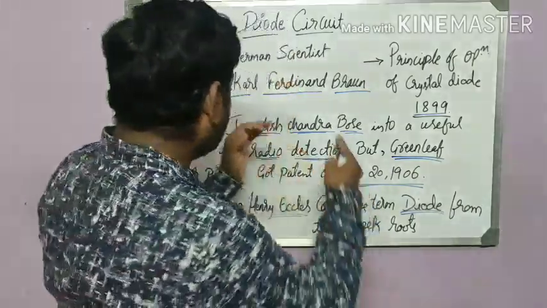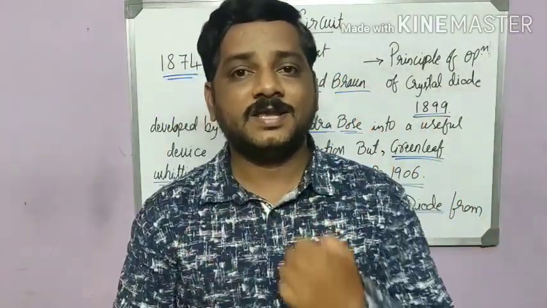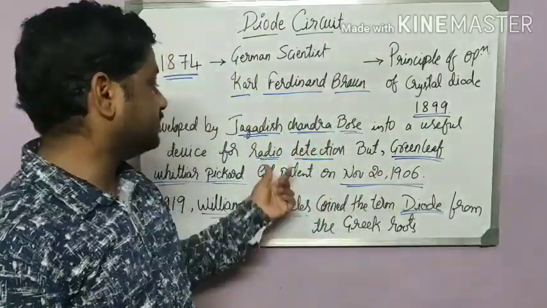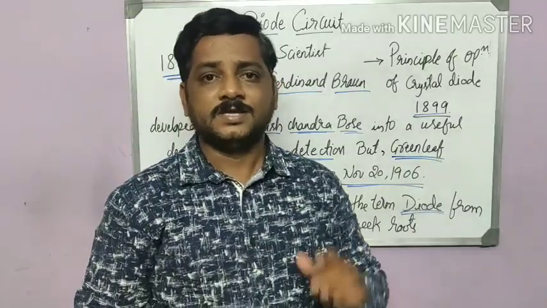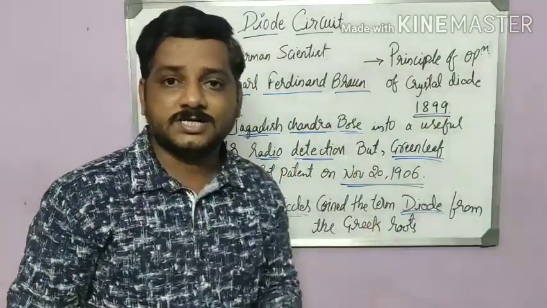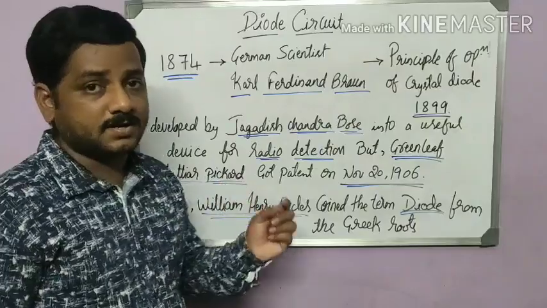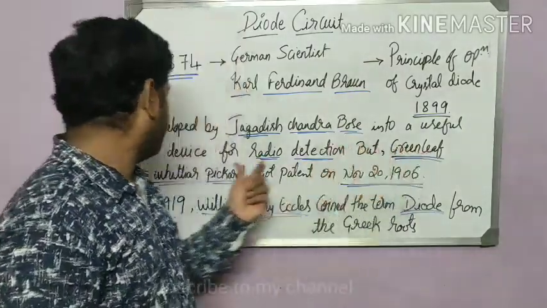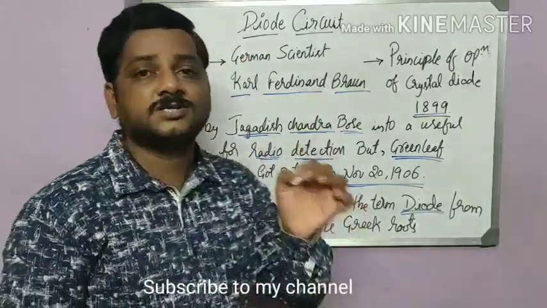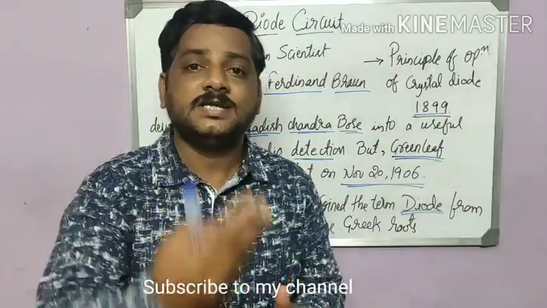Later, this concept of the crystal diode was developed by an Indian, Jagdish Chandra Bose, into a useful device, a radio detecting device. But Greenleaf Whittier Pickard is the scientist who got the patent on this radio detection concept, because Jagdish Chandra Bose did not get the patent, though he developed it.